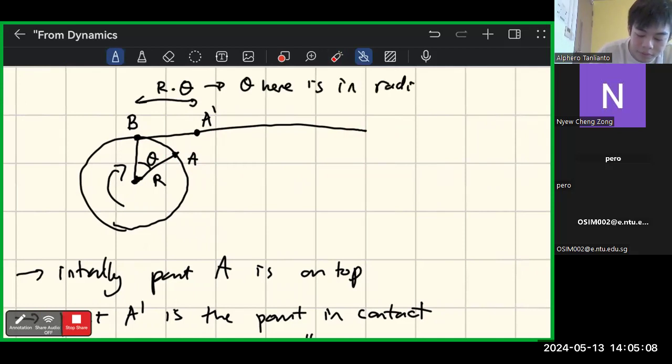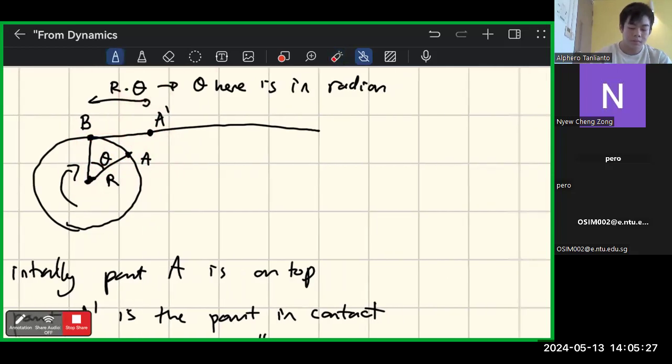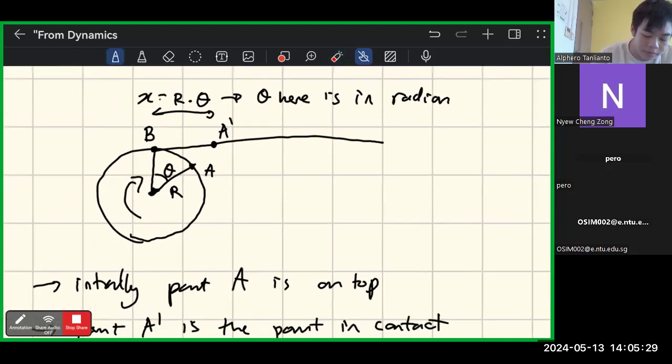This is just math: with the arc of angle theta and radius R, the total length is R theta. So x equals R theta.